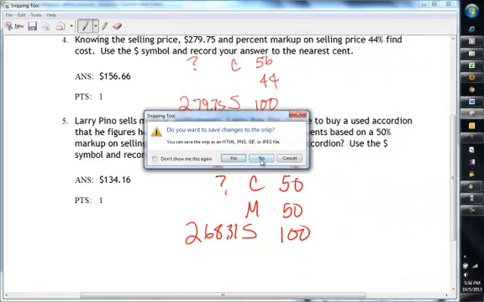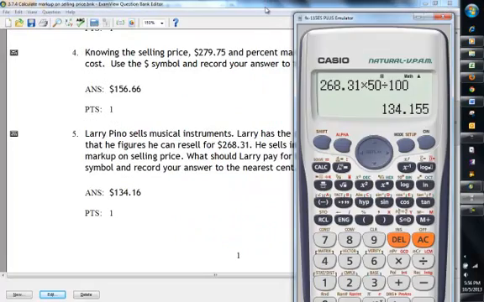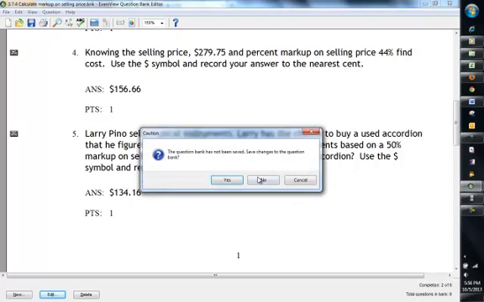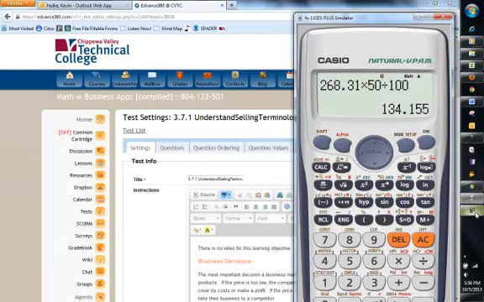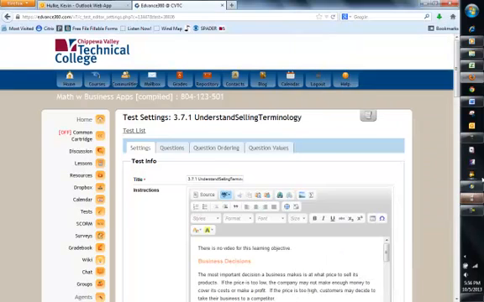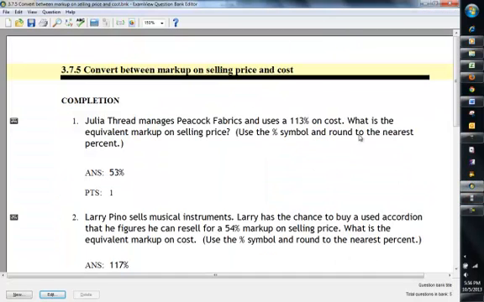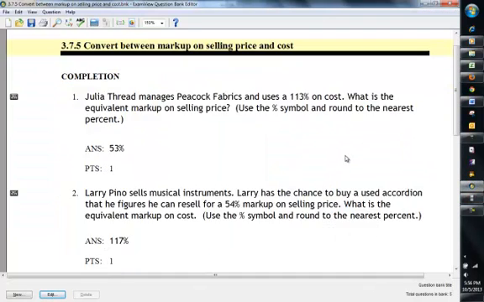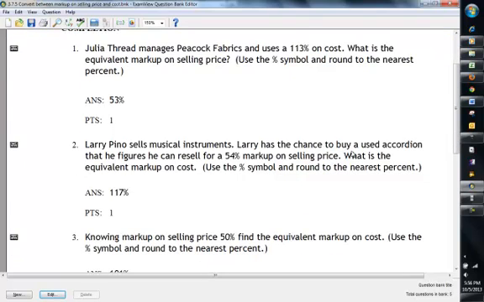Next, the last objective is converting between markup on selling price and markup on cost. Let's look at these three right here.